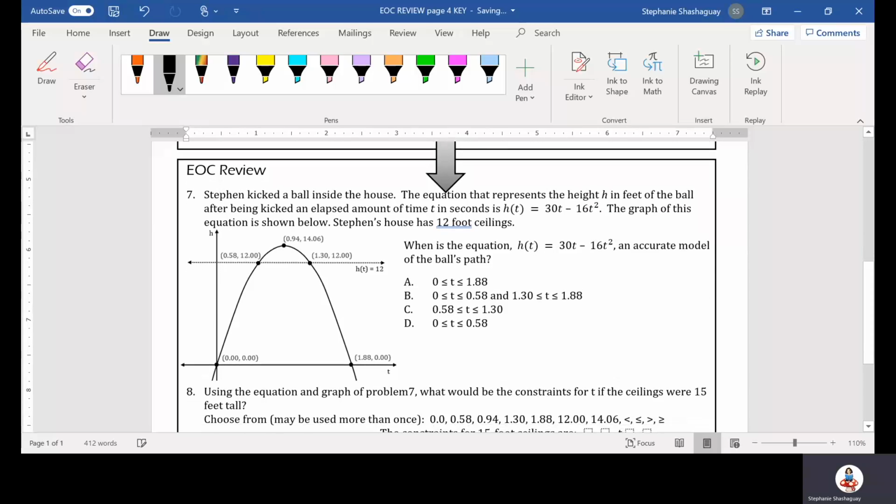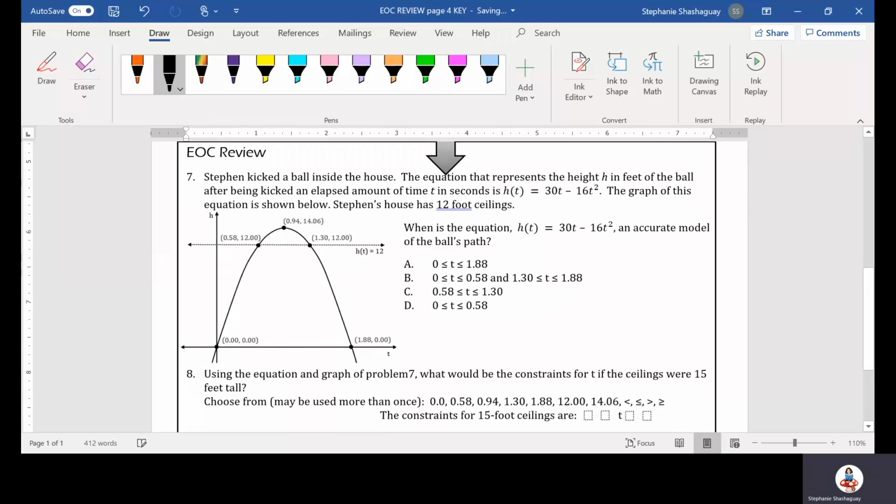All right. Number 7, Stephen kicked a ball inside the house. The equation that represents the height, h, in feet of the ball after being kicked an elapsed amount of time, t seconds, is h of t equals 30t minus 16t squared. The graph of this equation is shown below.